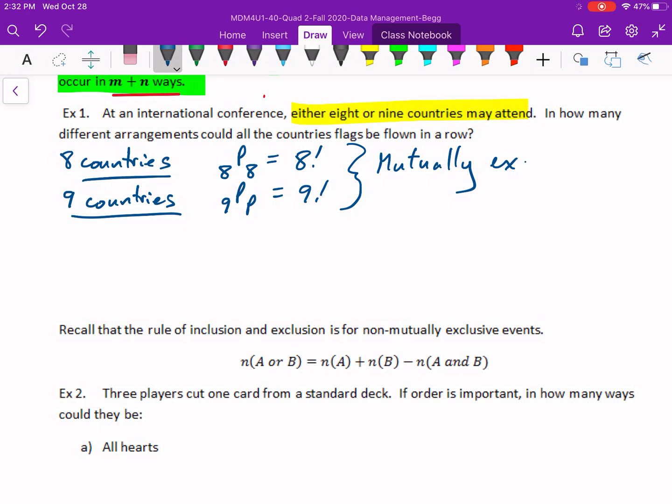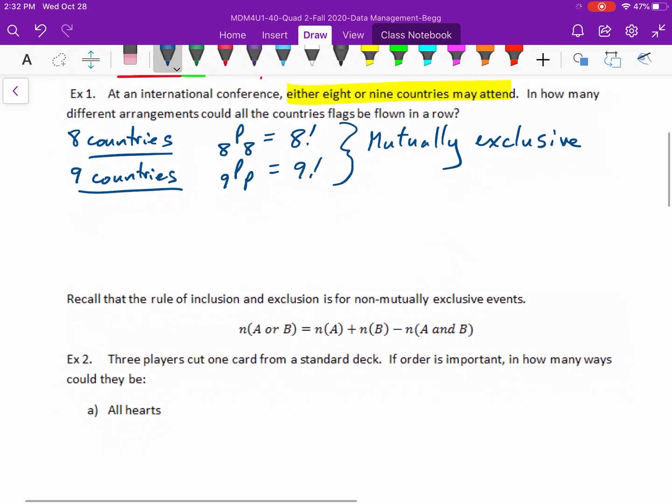The part that's mutually exclusive in this example is that you can't have 8 countries and 9 countries come. You can't have exactly 8 countries at a conference and exactly 9. If you have 8 countries there, you don't have 9. If you have 9 countries there, you don't have exactly 8. So it's one or the other.